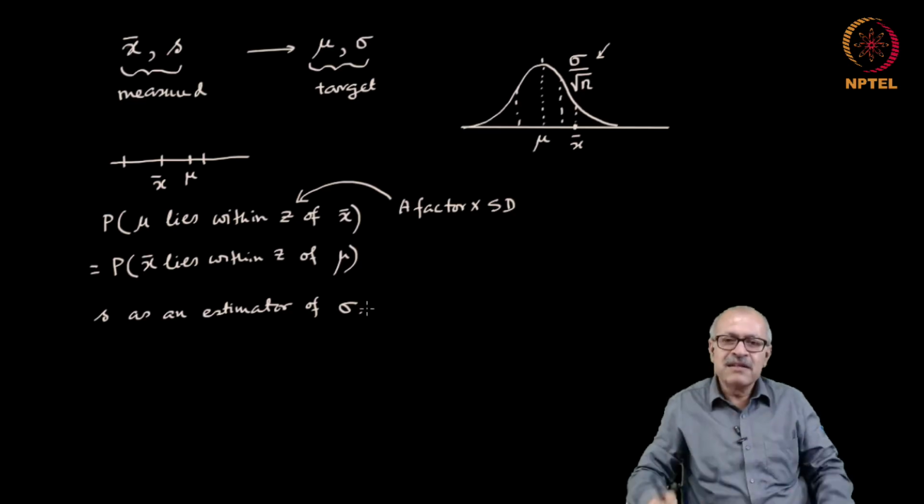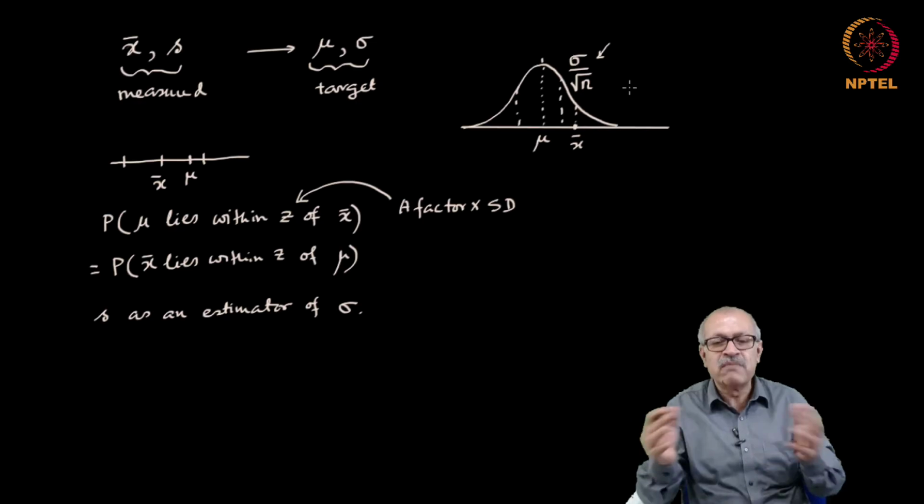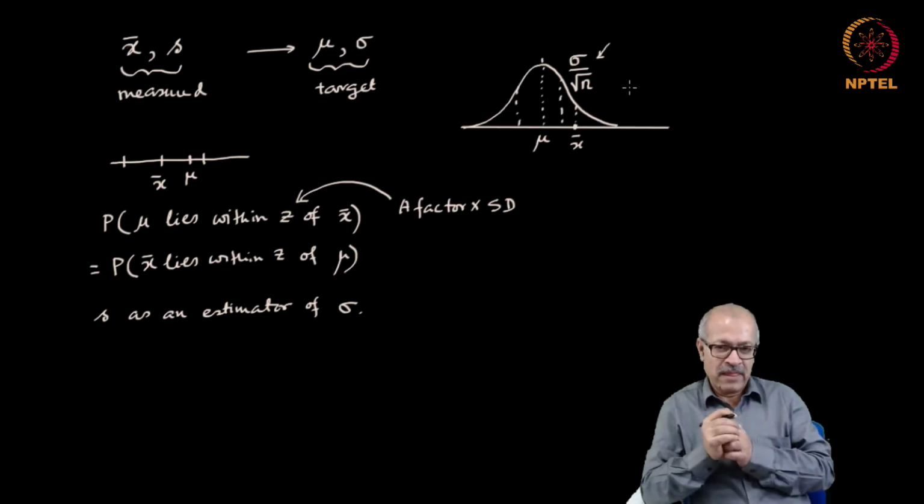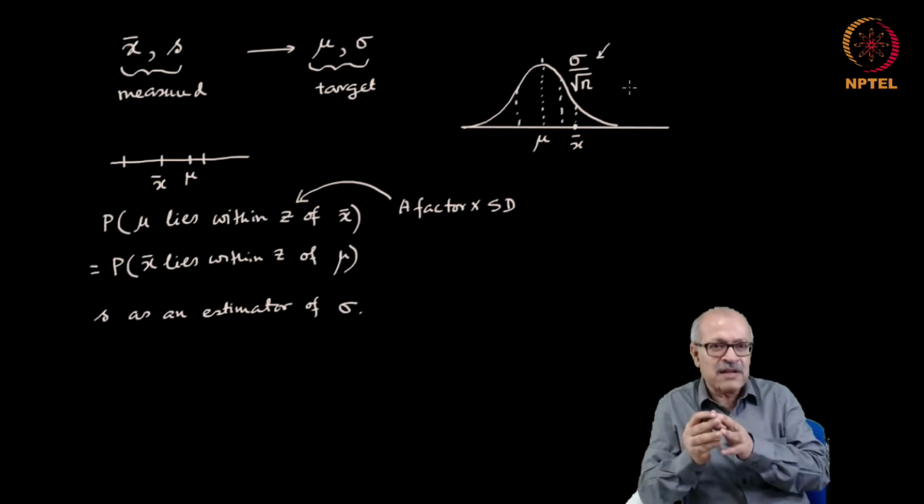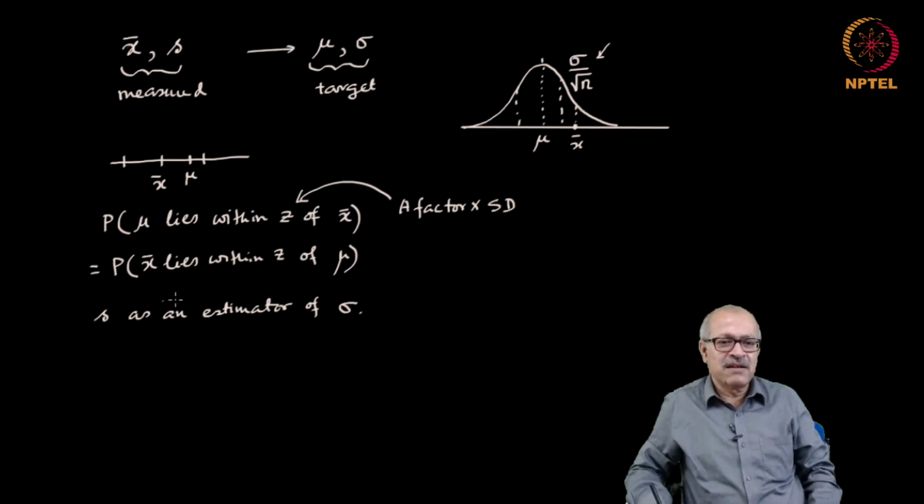And since the actual value is sigma divided by square root of n, and n will be a reasonably large number, the difference of sigma by square root of n and s by square root of n will not be significant. That is why this justifies the use of s as an estimator of sigma.